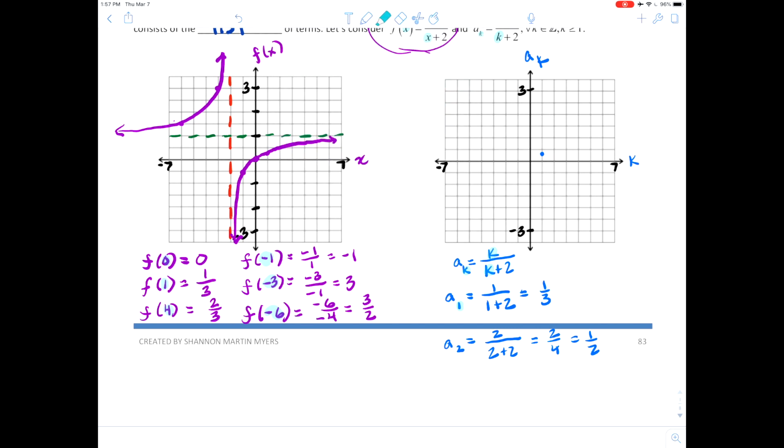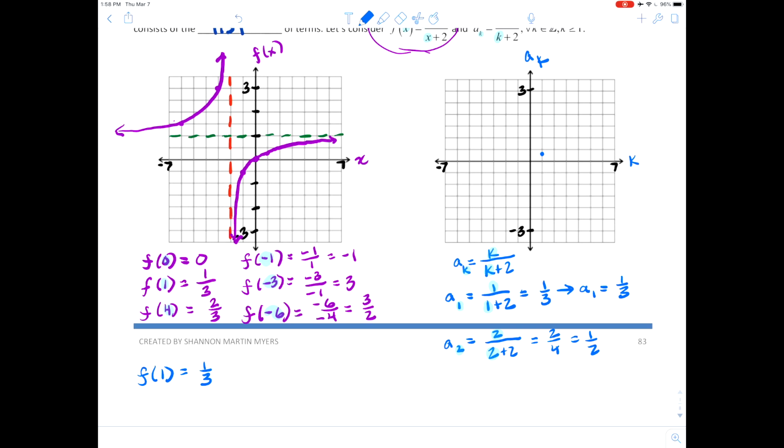So again, wherever there was a k, I put in the k value that I was interested in, and I got my term, okay? So this gave us that a1 was equal to 1/3. Over here, f of 1 ended up being equal to 1/3.